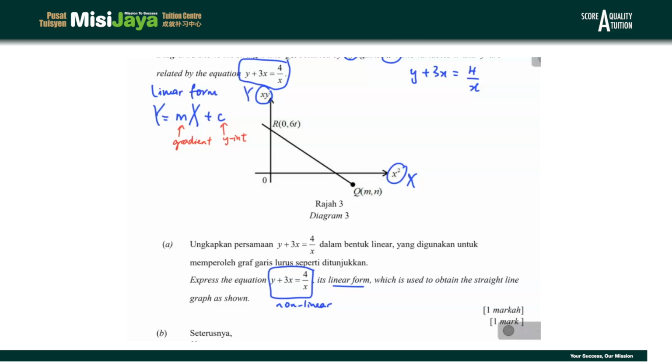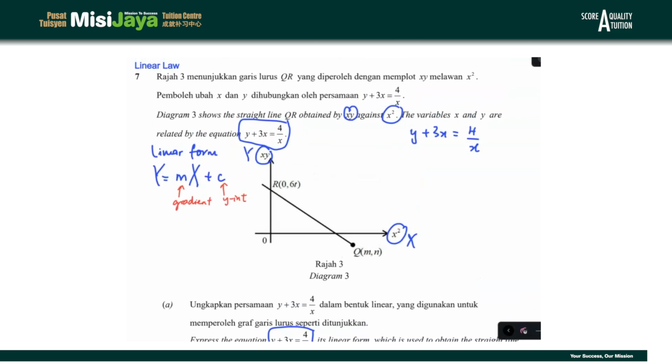So from here, I'm going to make it xy. This is actually a clue. They give us xy, and you can also refer to the graph, which means that your left side is small x times small y.